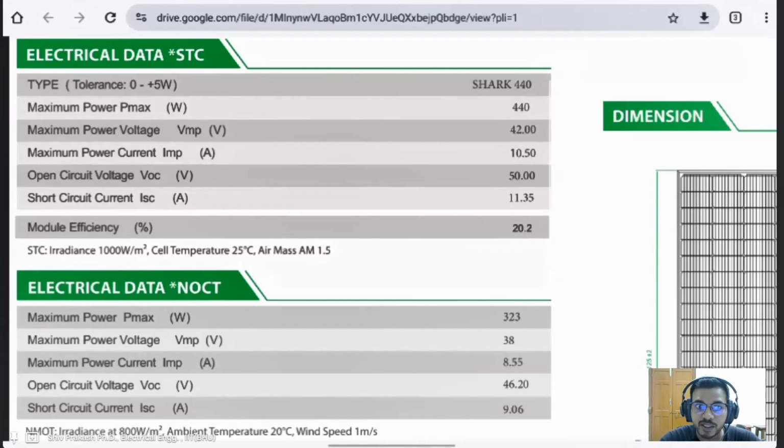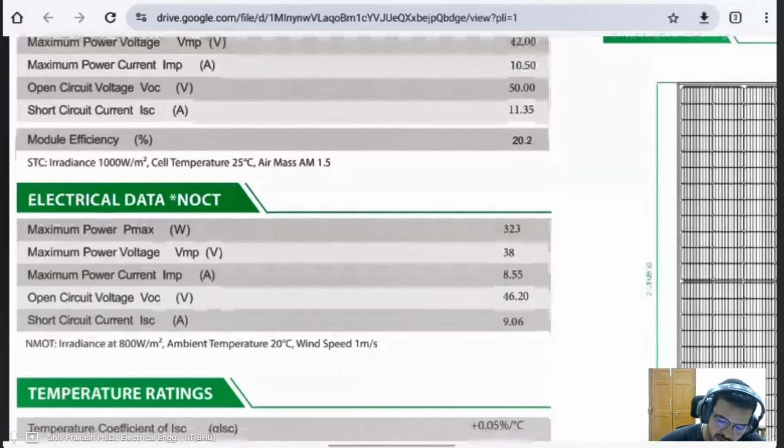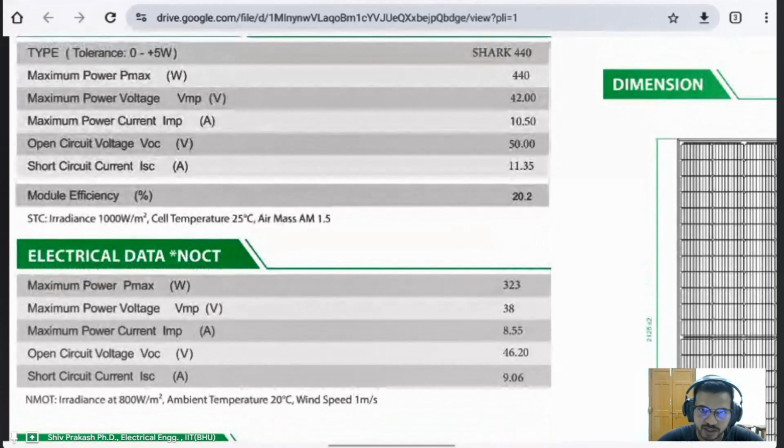If the temperature increases, the power will decrease. Current will increase slightly, but voltage will decrease more. That's why. But this is given as the standard condition. Follow the standard condition, then you will get that much power.